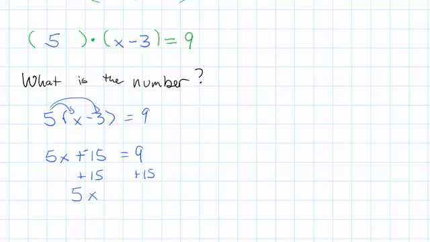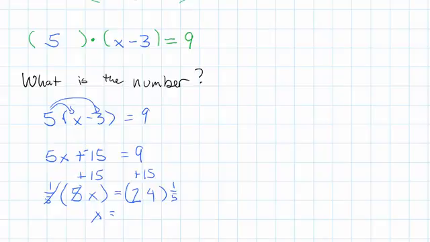5x equals 9 plus 15 is 24. Now we'll multiply both sides by 1/5. The 5 and the 1/5 cancel, and we just have x equals, this is going to be some sort of decimal.